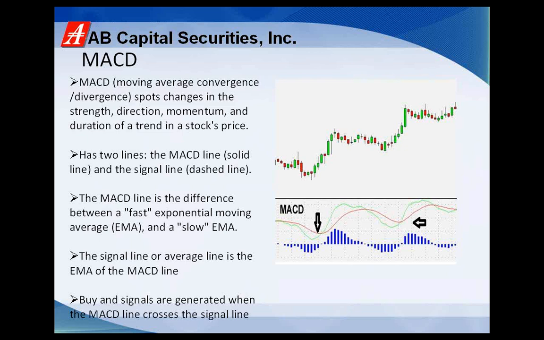The MACD is the difference between a fast exponential moving average and a slow exponential moving average. The signal line, on the other hand, is the exponential moving average of the MACD line. And buy signals are generated when the MACD line crosses above the signal line.